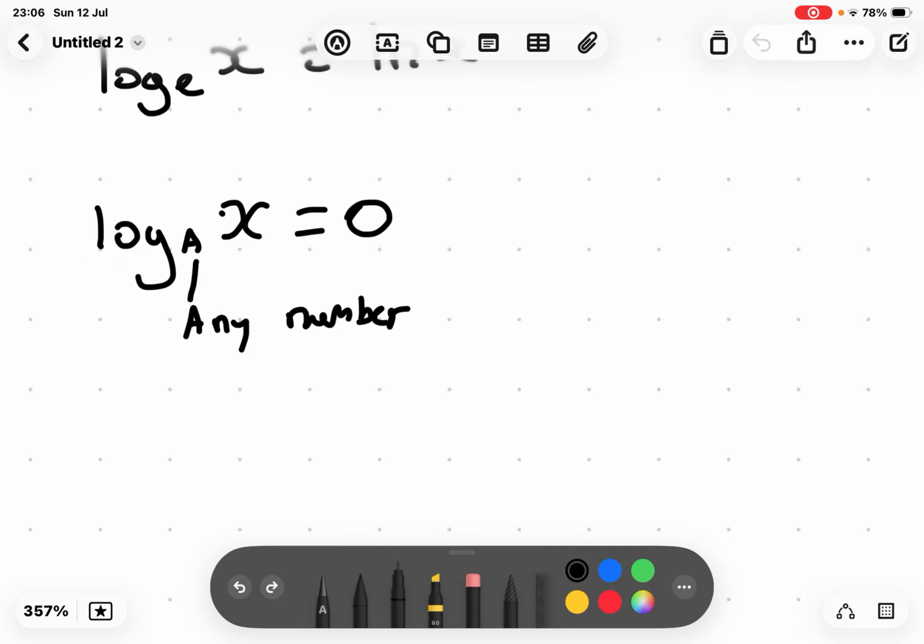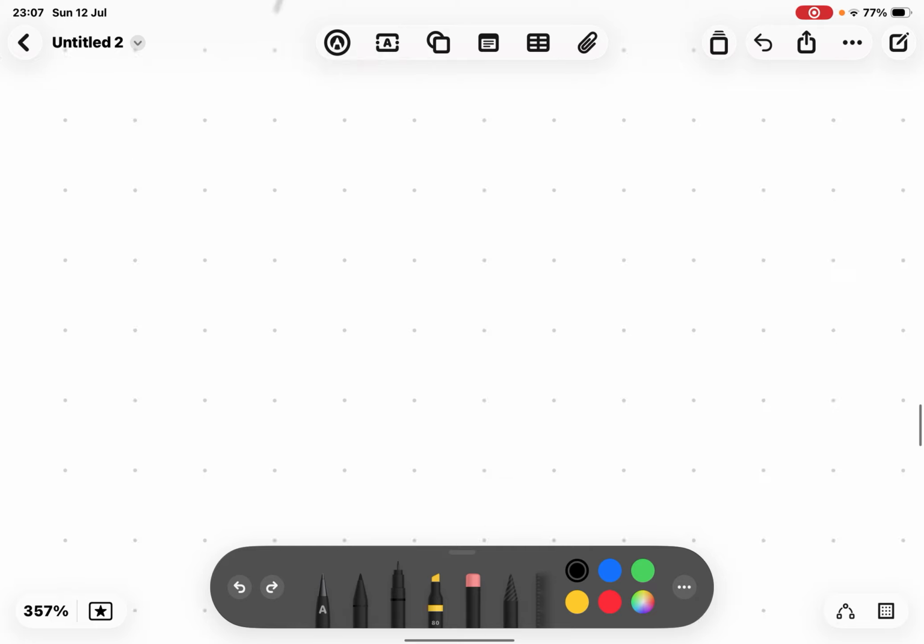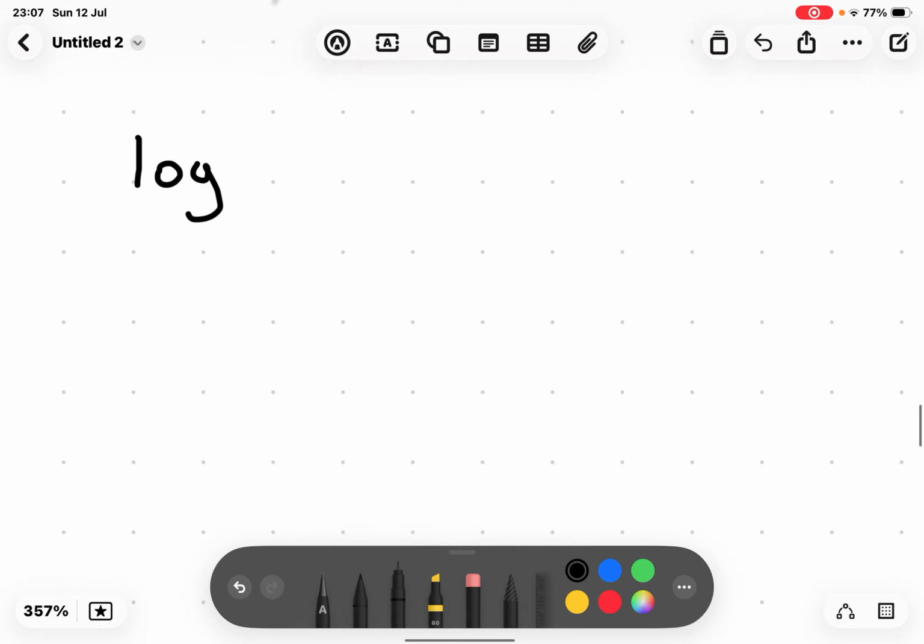Let's say we have something like this, right? So we do know that the answer will be 1. No matter this number, the answer will be 1 because anything to the power of 0 is 1, apart from 0 itself. So this cannot be 0. And also, if the base and the argument, that's the word for argument, are the same, the answer is always 1. If those two are the same, it's always 1.